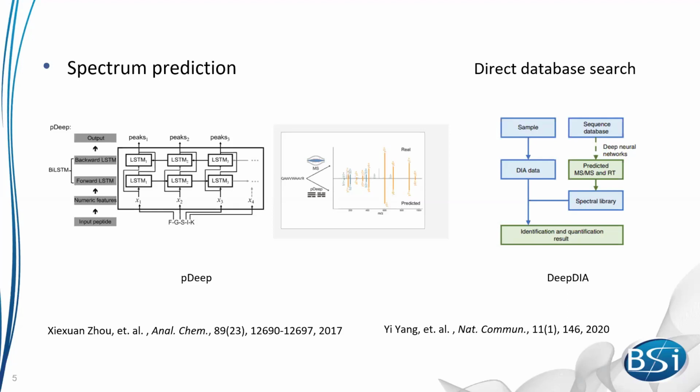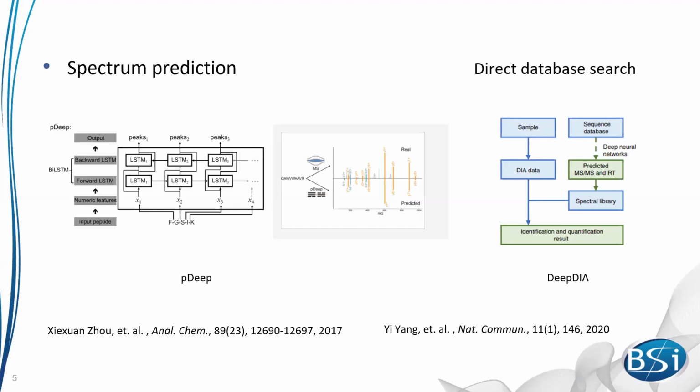With similar ideas, we can use the spectral prediction for database search of DIA, without creating a spectral library with the same project with DDA, and this we call direct database search. The pioneer work you can see listed here was reported last year by different groups.